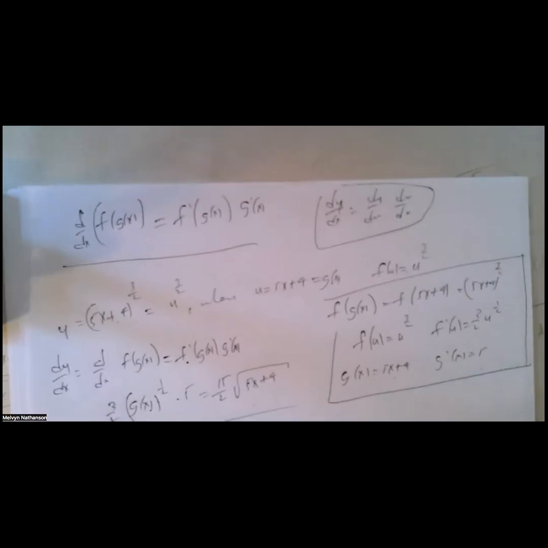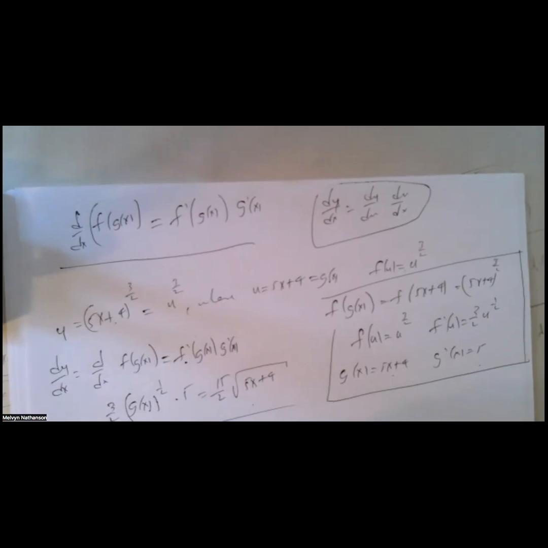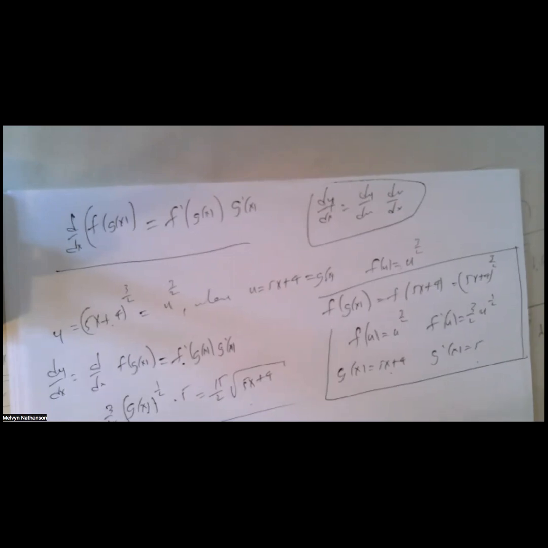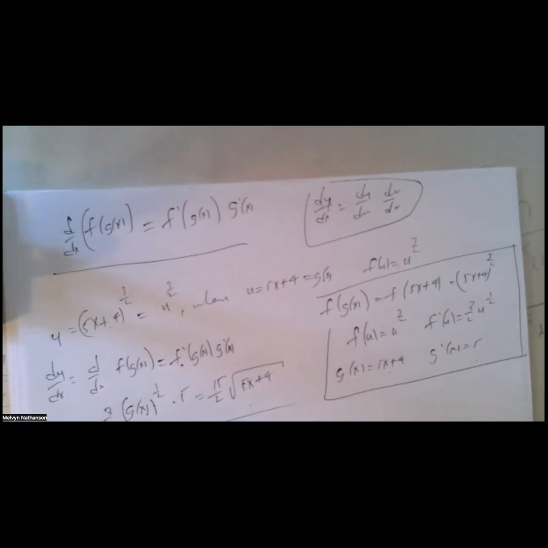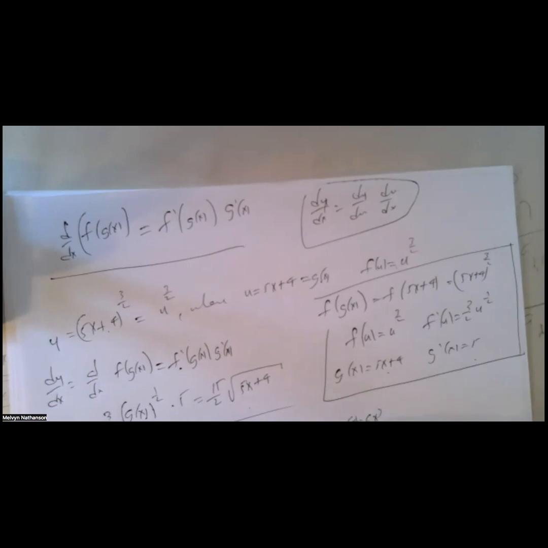Let's look at another example. Suppose y is 6x cubed plus 3x plus 1 to the 10th power. So this is like f of g of x for g of x equal to 6x cubed plus 3x plus 1.